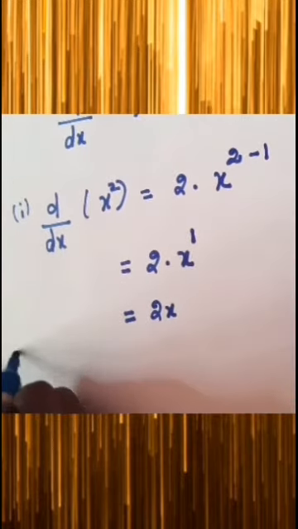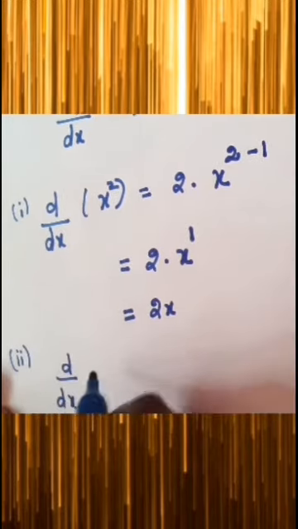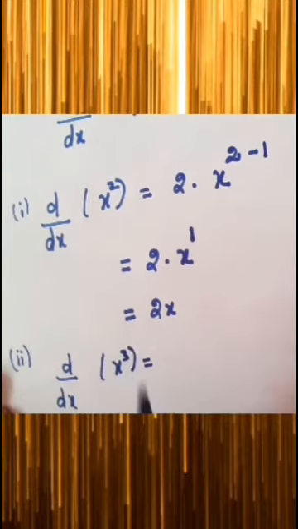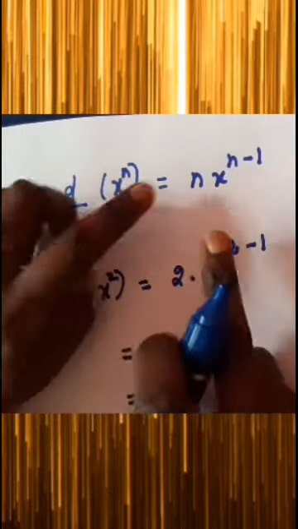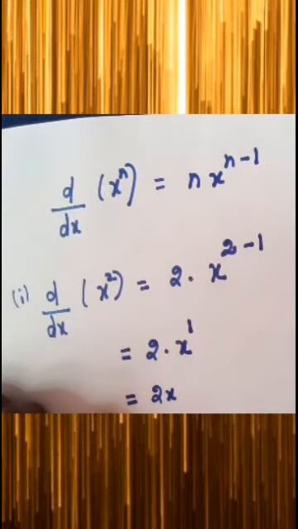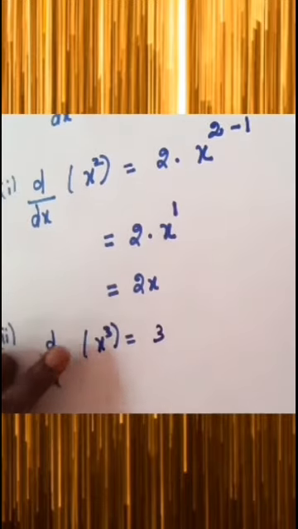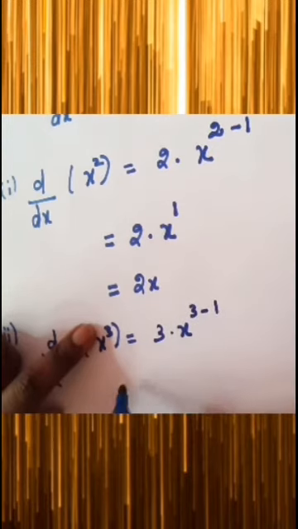Now we'll see the next example. If I'm going to take the differentiation of x cube, how are we going to differentiate x cube? We'll use this formula, n into x to the power n minus 1. What is n here? n is 3, so 3 into x to the power 3 minus 1, which gives you 2.